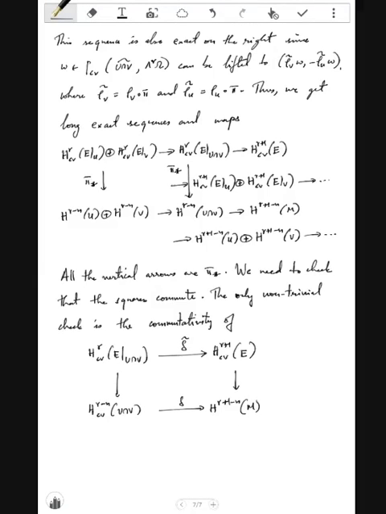Recall the definition of the connecting homomorphisms delta tilde and delta.